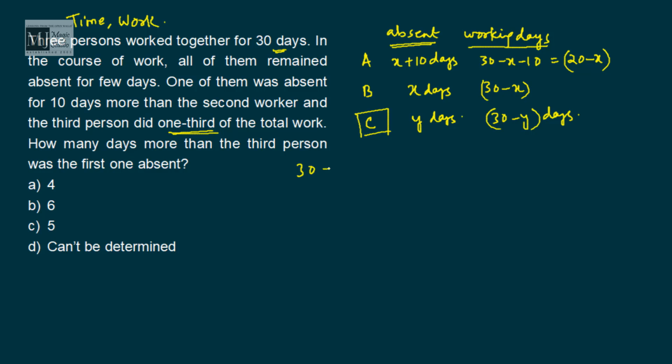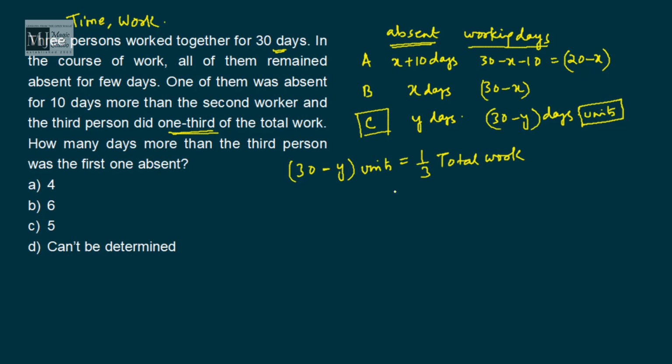That means in 30 minus Y days, if his efficiency is 1 unit per day, he produces 30 minus Y units, which equals 1/3 of the total work.